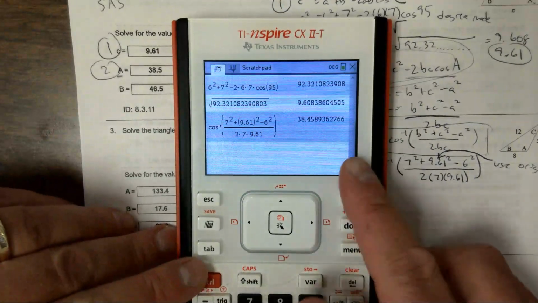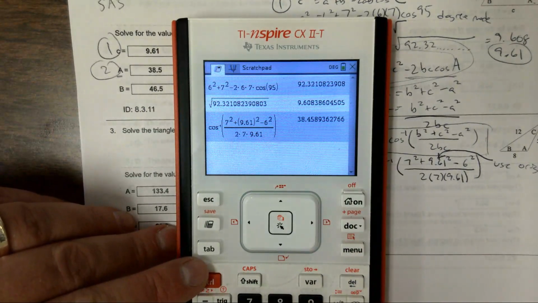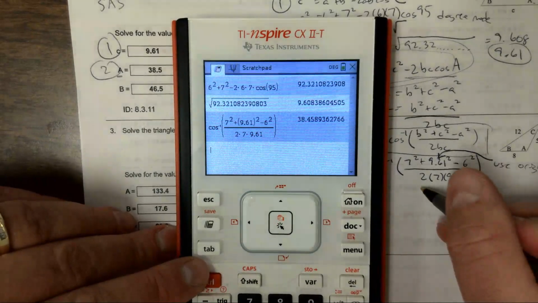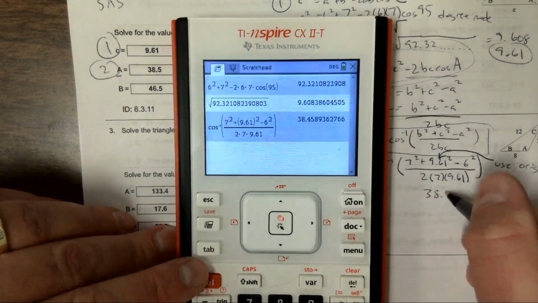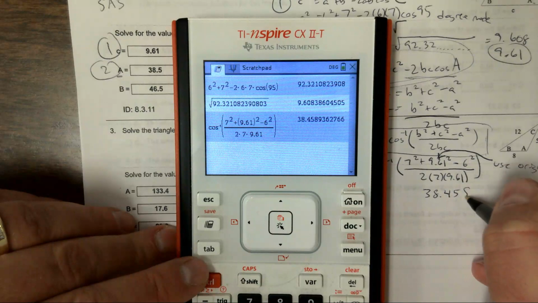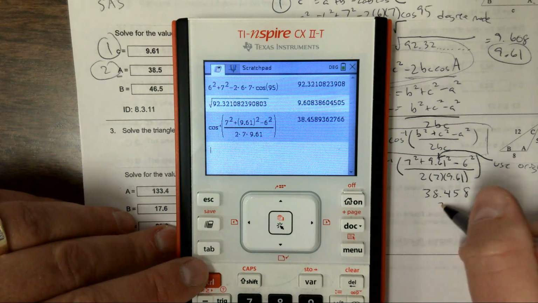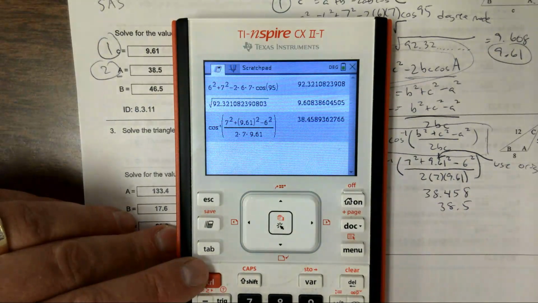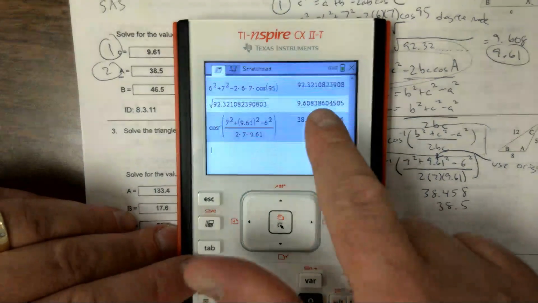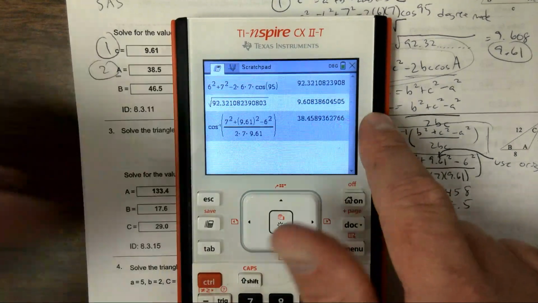Okay, so when we do that, we get, well, that time it worked, of course. We get 38.458, which is 38.5. What would have been better is if we would have used the 9.608 with a bunch of decimals.